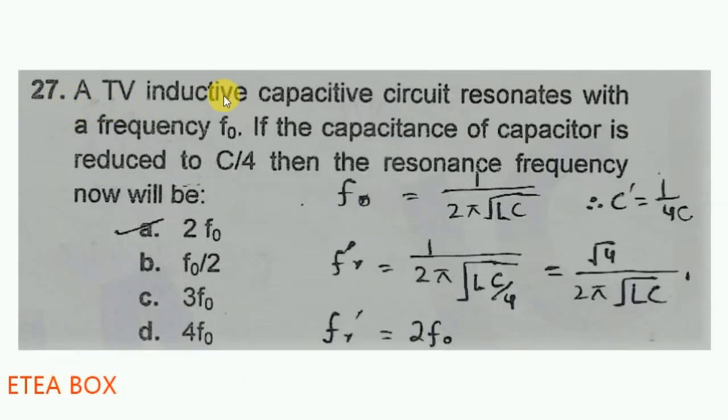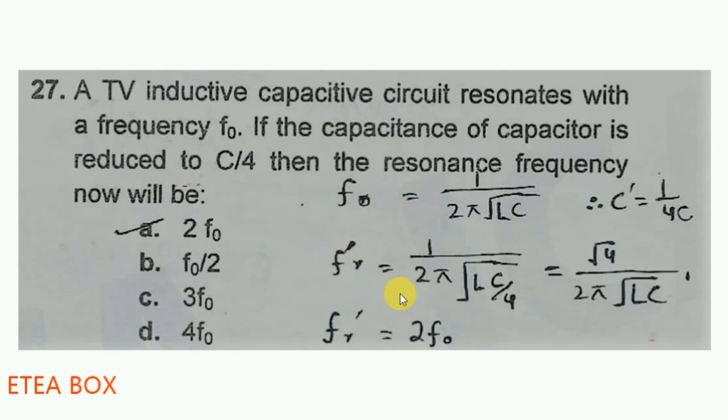An inductive capacitor circuit resonates with the frequency of F0. If the capacitance of the capacitor is reduced to C by 4, then the resonance frequency now will be, so F0 is equal to 1 over 2π√(LC). When C becomes C by 4, now put this in the equation.